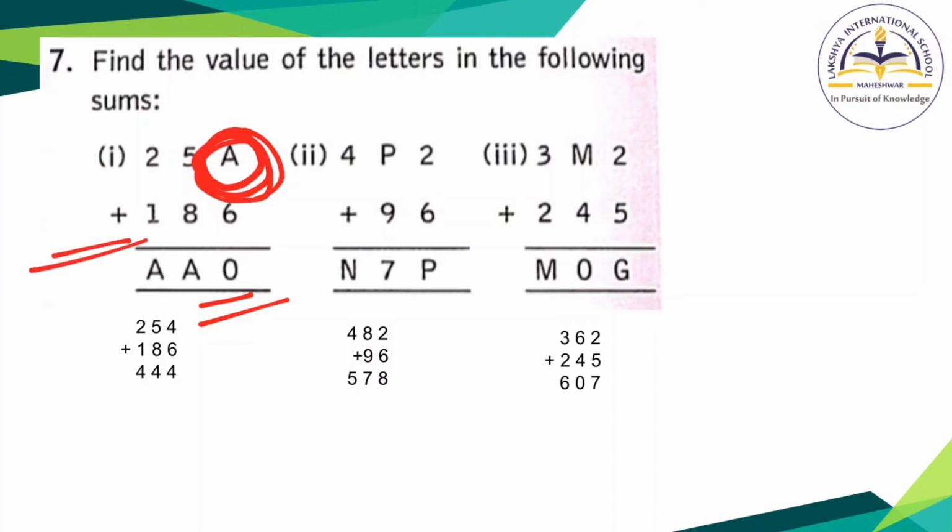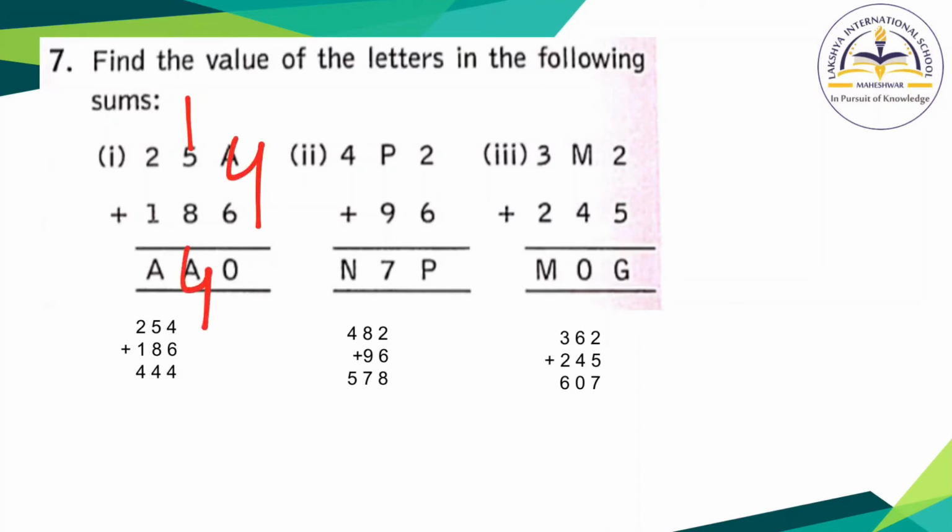Here is the addition sign. So 6 plus 4 equals 10, so 0 we have to write here. 0 is already given here. So 0, carry 1 here. Now 5 plus 1, 6. 6 plus 8, 14. 4. Here also 4. Now 14, carry 1. 2 plus 1, 3. Here also 4. So 4, 4, 4. a equals 4.